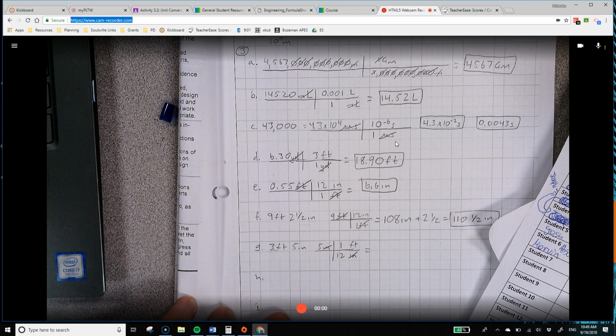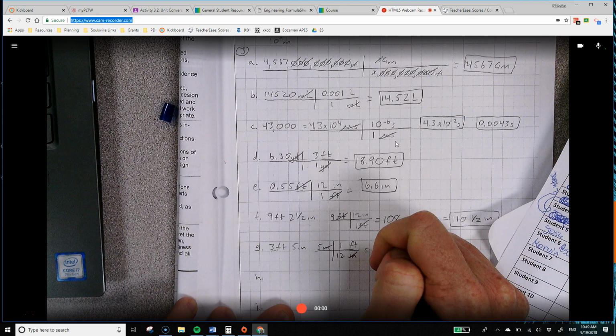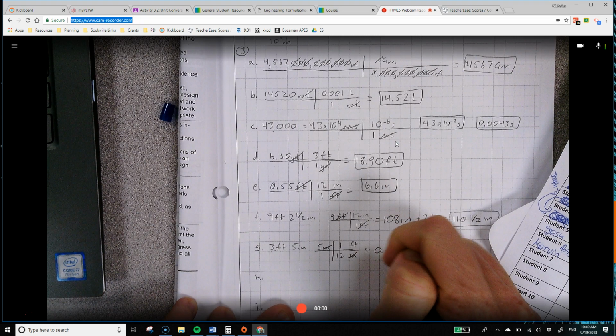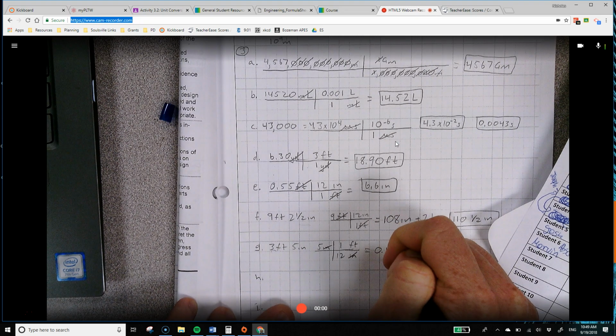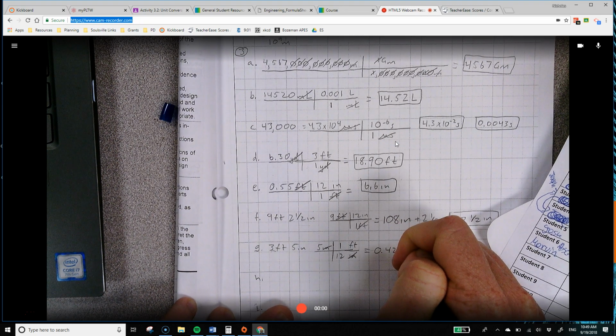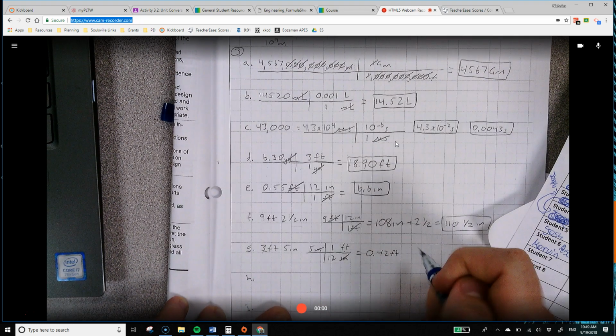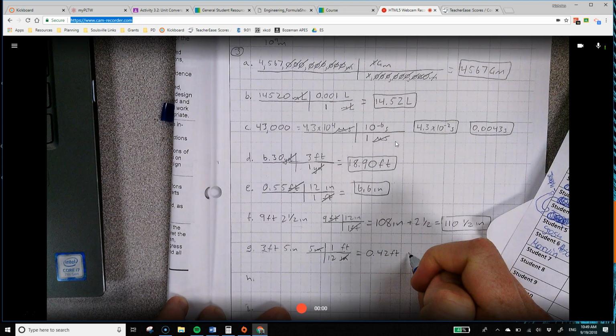What is 5 divided by 12? 0.416. I'm going to round that to 0.42 feet. All right. Is 0.42 feet my answer? No, I've got to add back my 3 feet. So what would be my answer?